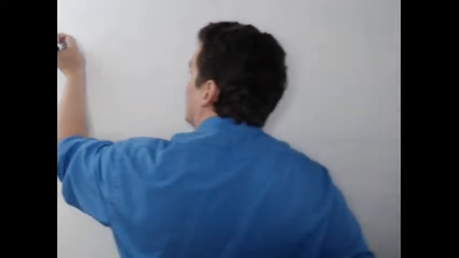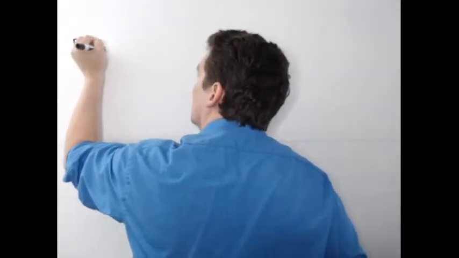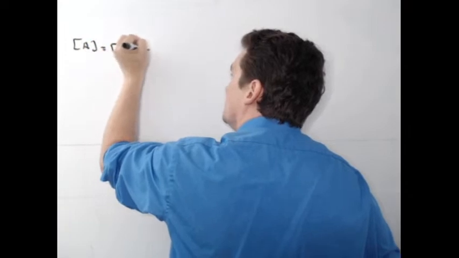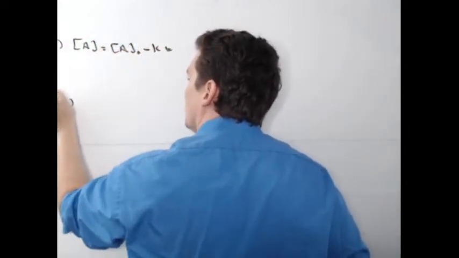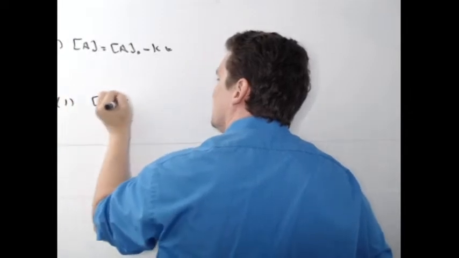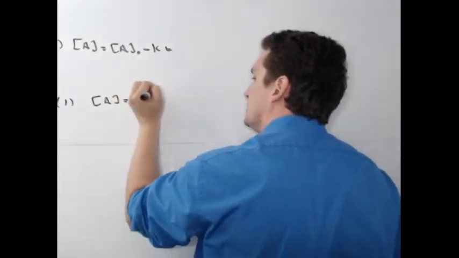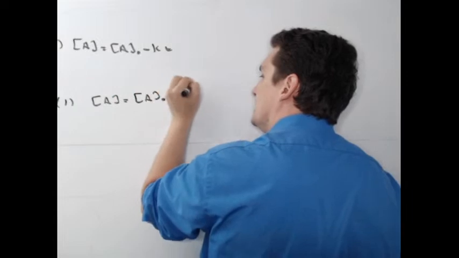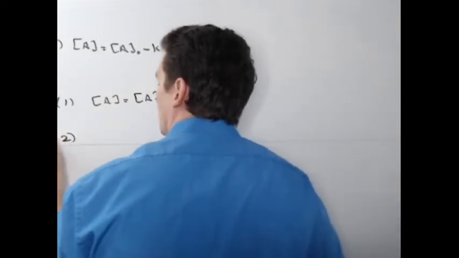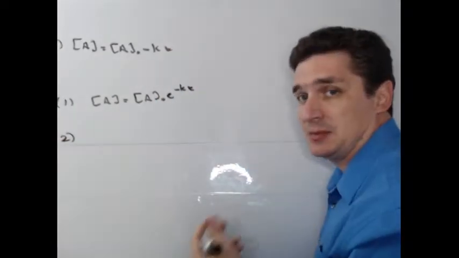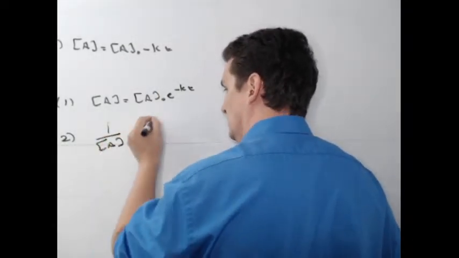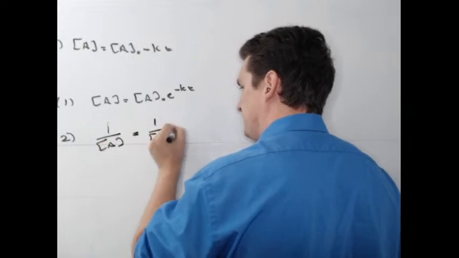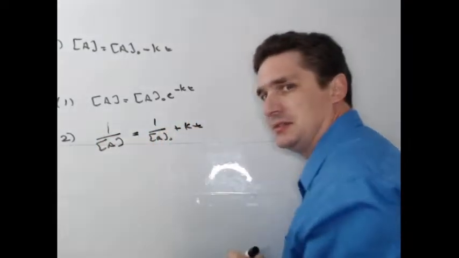For a zero order reaction, the concentration is the starting concentration minus kt. So that's zero. For first, concentration is starting concentration e to the minus kt. And for the second order, the concentration is actually a complicated algebraic function, but for simplicity, we use this form.